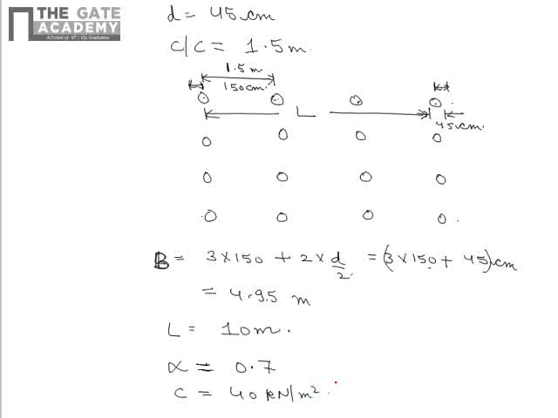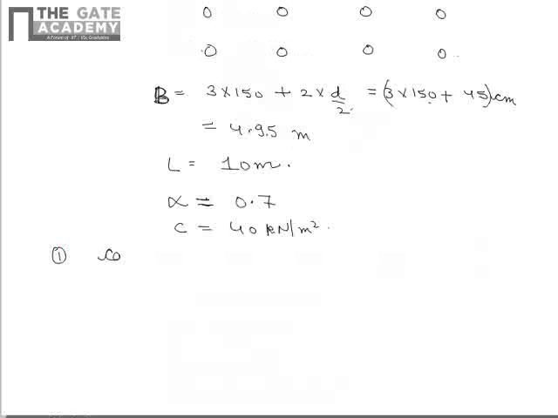Now we have to calculate two types of failures that can occur. One is capacity of group, which is given by Q equal to C into perimeter of this pile group, which is 4 into B, multiplied by length.